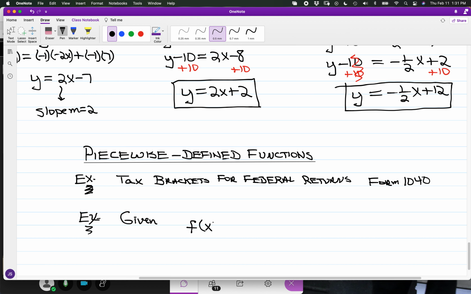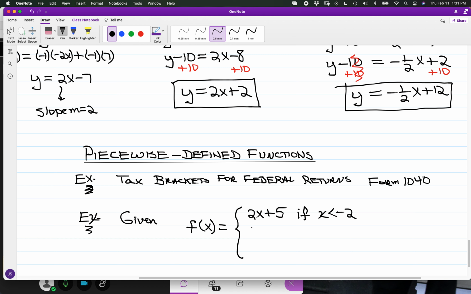And like an example of a piecewise defined function, we'll say that we have f of x is equal to 2x plus 5 if x is less than negative 2. So for values of x less than negative 2, you have f of x is equal to 2x plus 5.